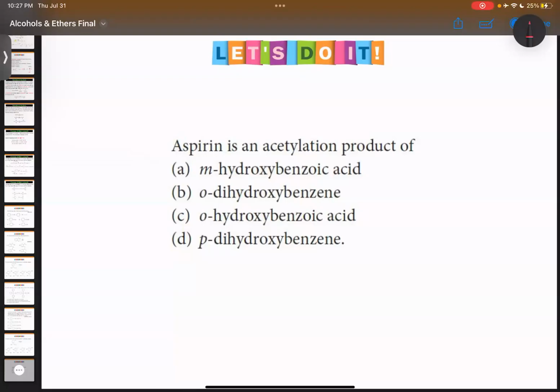Ibrahim, what is the answer to this? Aspirin is an acetylation product of what? What is aspirin? Just try to recall that. Its molecule was a bit bulky.